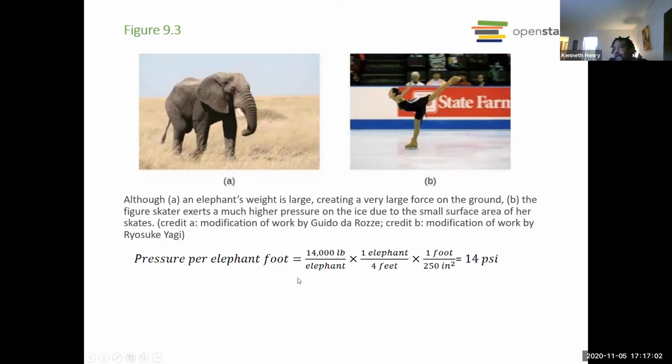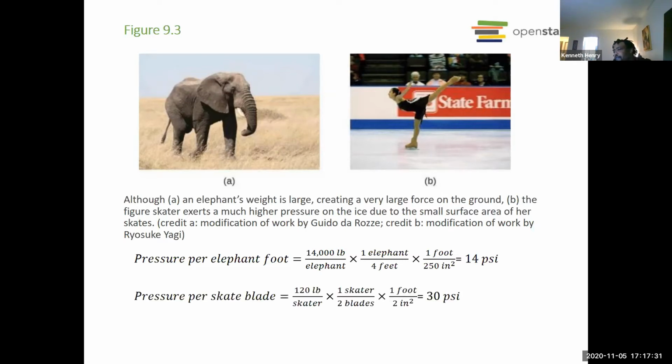So pressure per elephant foot is equal to the weight. 14,000 pounds, one elephant. One elephant has 4 feet, and one foot is about 250 square inches in area. So for pounds per square inch, the elephant is going to be about 14 psi.